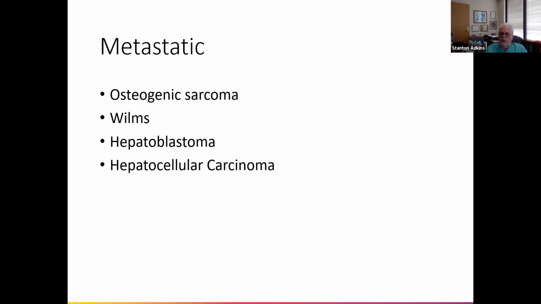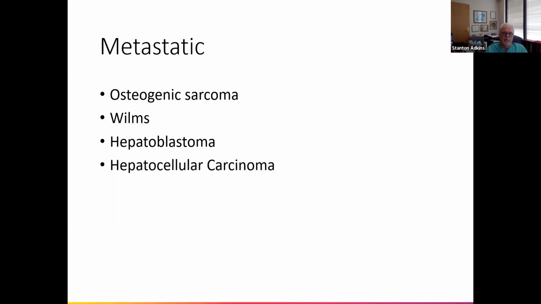Wilms tumor, we will have metastases to the lungs there. What typically is the treatment for lung metastases in Wilms tumor? Radiation? Radiation, yeah. If you've got spread in the belly, then you wind up getting belly radiation.